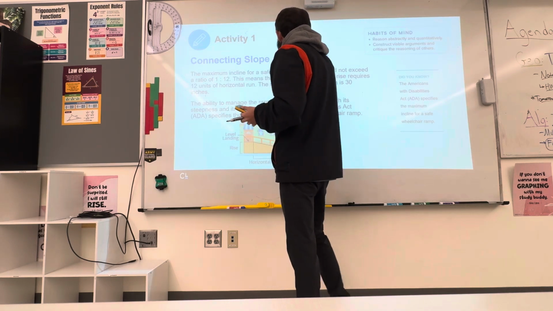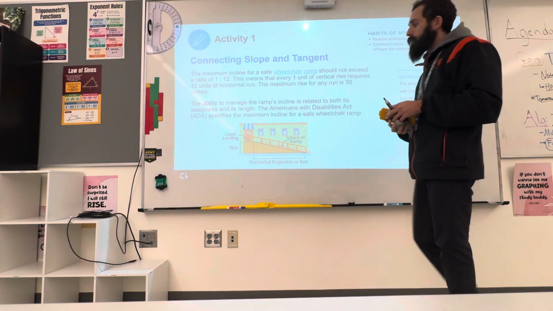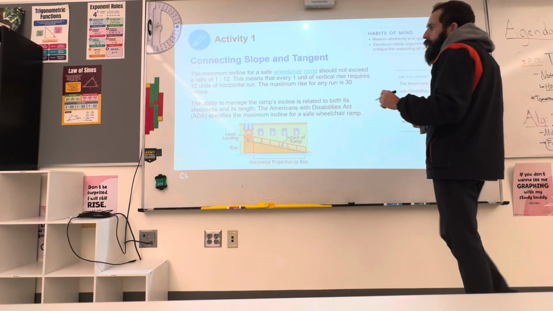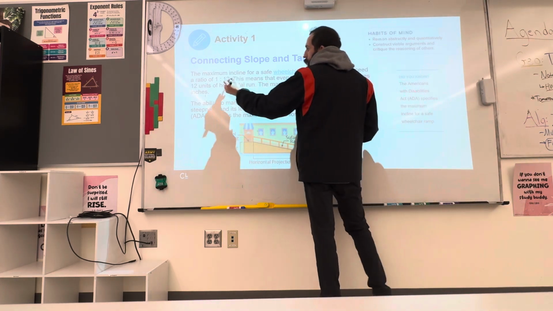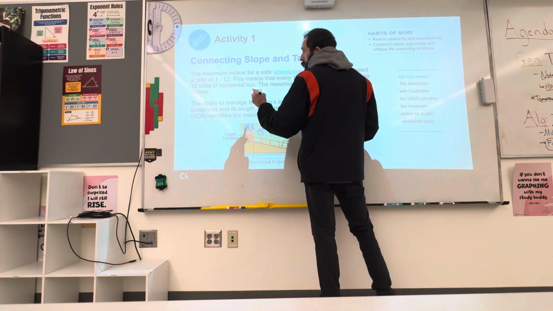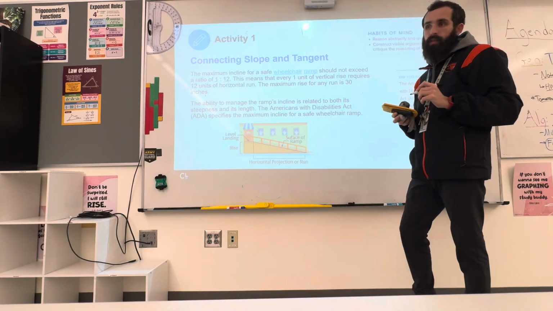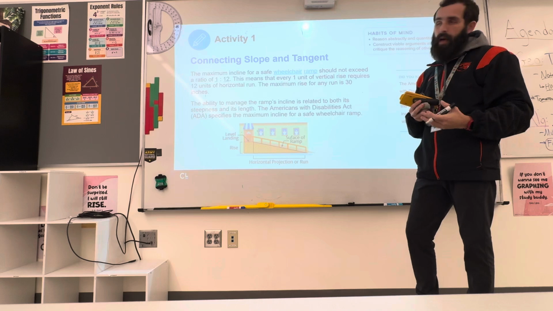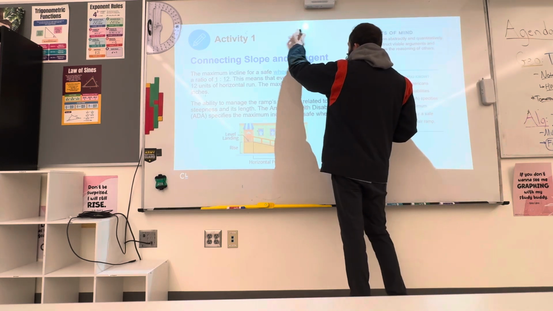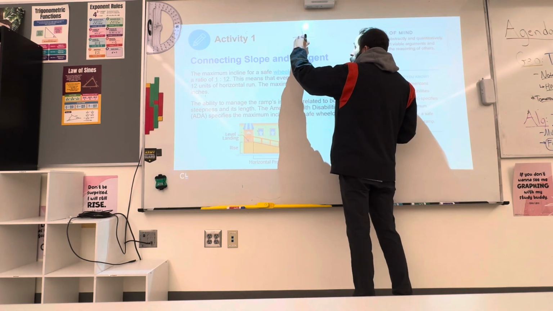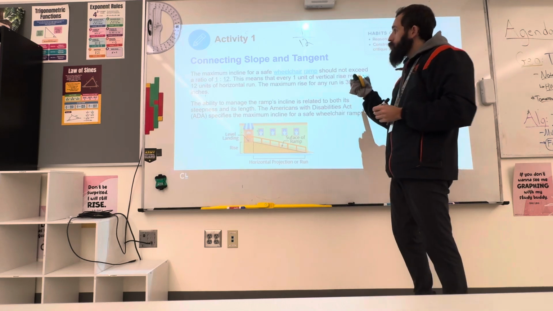The Americans with Disabilities Act says that a wheelchair ramp has a required ratio of rise to run of 1/12, meaning for every 1 unit that the wheelchair ramp rises, let's say for every 1 foot that it rises, it must go horizontally 12 units, or in this case 12 feet.